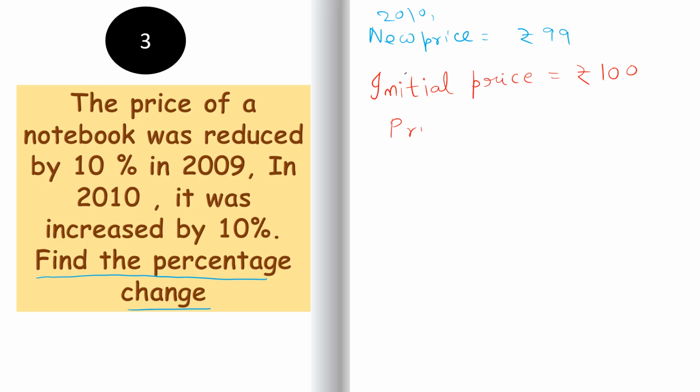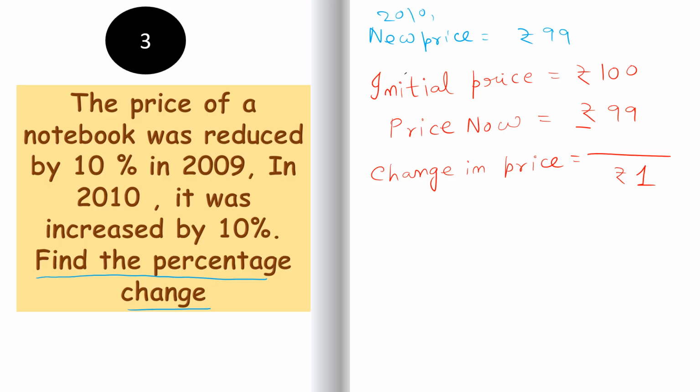What is the price now after all the percentage reduction and increment? It is rupees 99. So what is the change in price overall after 2010? It was rupees 100, now it is rupees 99. If you subtract these two, we get the change in price, that is rupees 1.